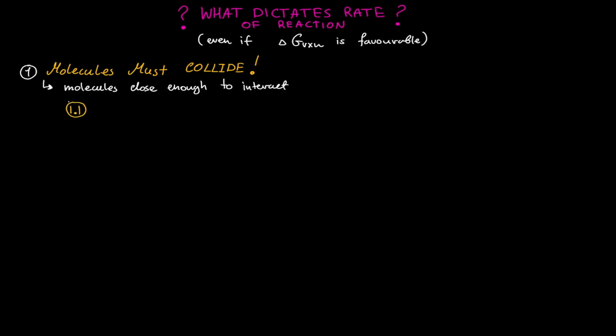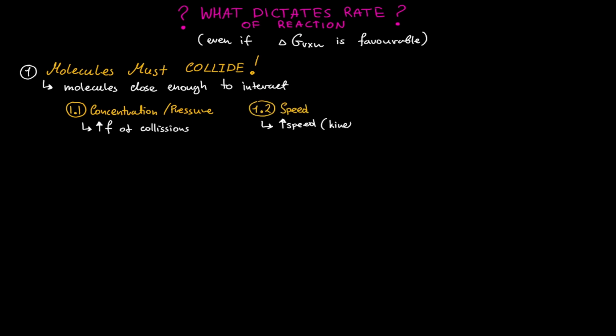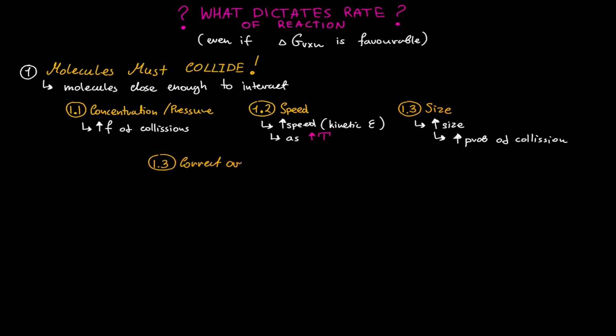We will see the dependence of the rate on concentration or pressure. Concentration and pressure are the same thing, because if you decrease the volume, the number of molecules per unit volume changes, so we increased concentration. That's why I'm referring to pressure and concentration as the same thing.